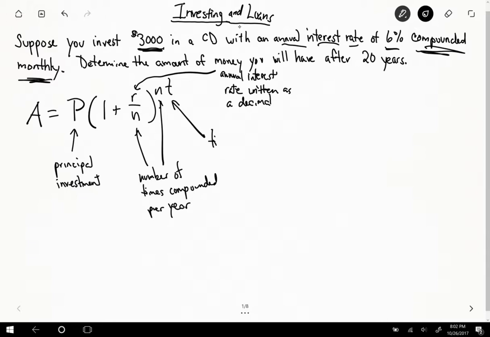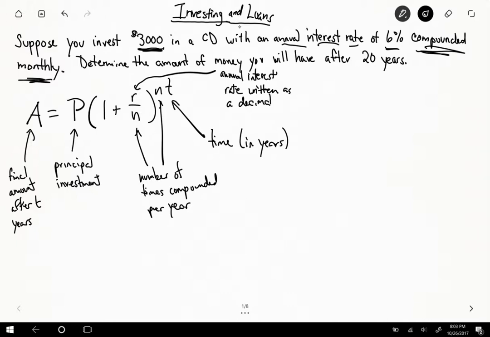And then T stands for our time in years. And then the A value stands for the final amount after T years. Okay, so we actually have all this information, and we're going to just plug it into the formula. That's all there is to it.